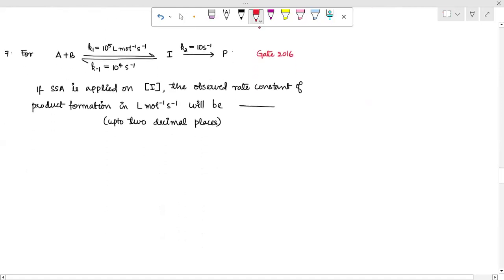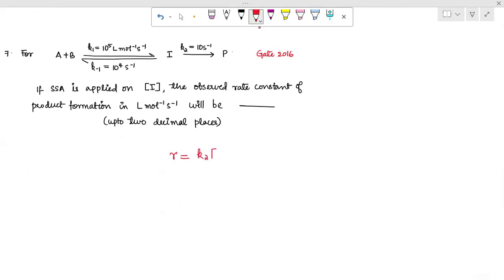Easy question, numerical 1. For A plus B reversibly forming I, which again forms P, if SSA is applied on I, the observed rate constant of the product formation in this particular unit is. It's very easy, so let's start. The rate of formation is going to be the step where the product is being formed, which is K2 into concentration of I. I'll label this as 1.